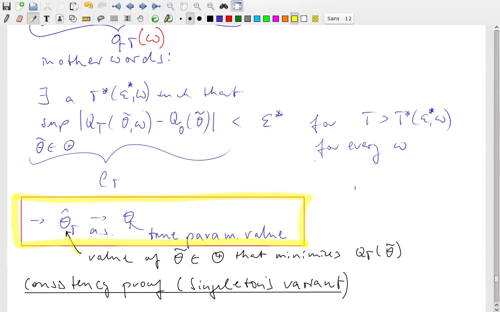So theta hat t, remember, is the value that minimizes the qt function, converges almost surely to the true parameter value. So we have consistency in place.